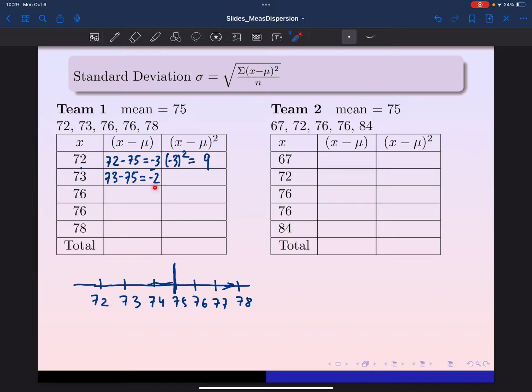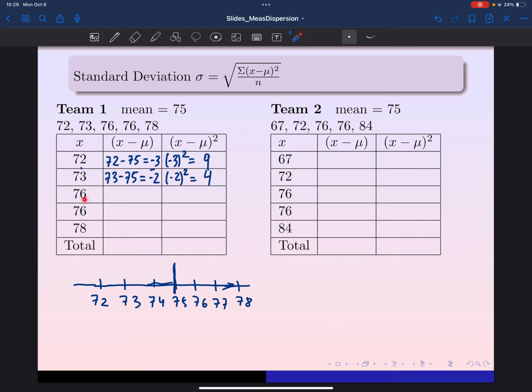As before, if we look at the data 73, it's negative 2, or 2 to the left. How far is it from the average? 2 to the left. That's why it's negative 2. Now we square this, negative 2 squared, that gives me a value of 4. And then we repeat the process for all the data members.